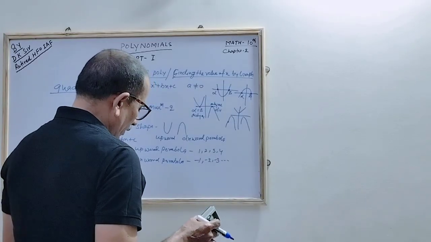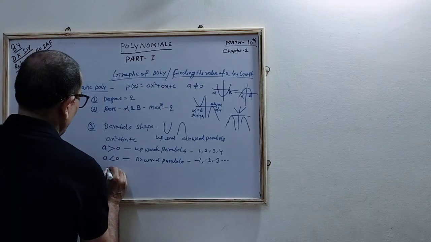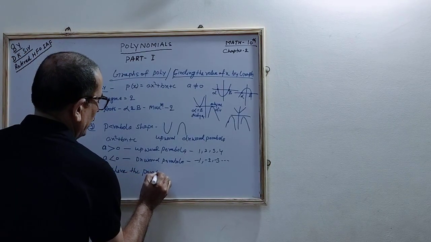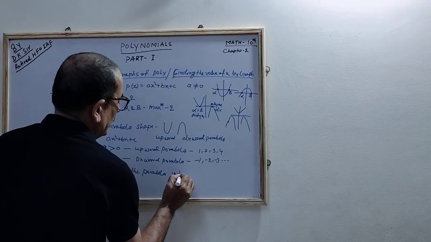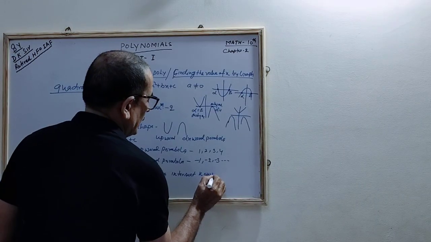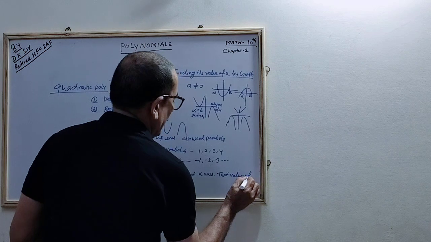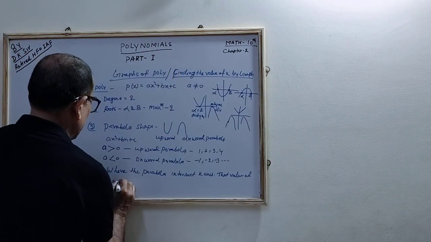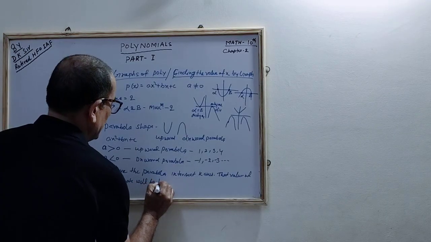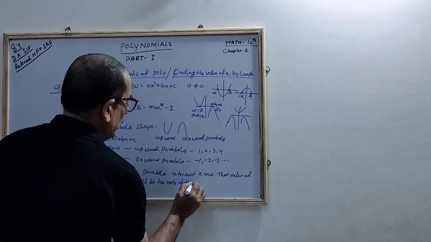Okay. So we have already understood that where the parabola intersects the x-axis, that value of x will be the roots of the polynomial, correct?